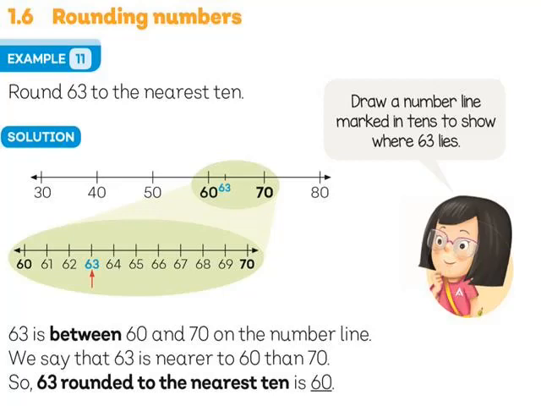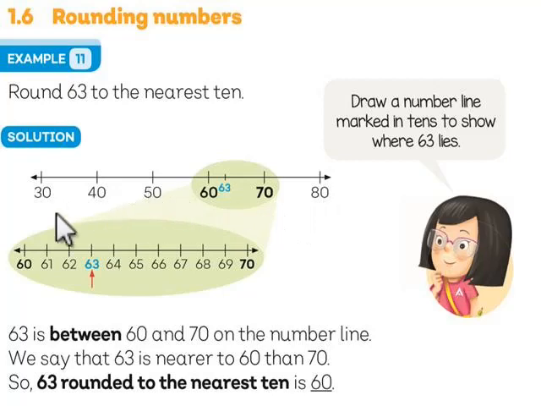Example number 11. Round 63 to the nearest 10. Okay, draw a number line marked in tens to show where 63 lies. So if you look at the solution here, I draw this, we call it a number line, from 30 to 80.